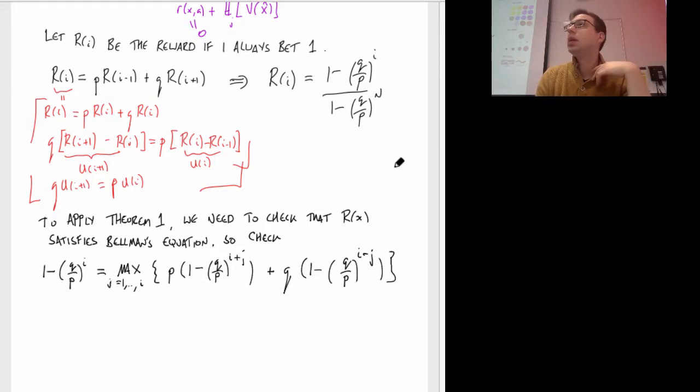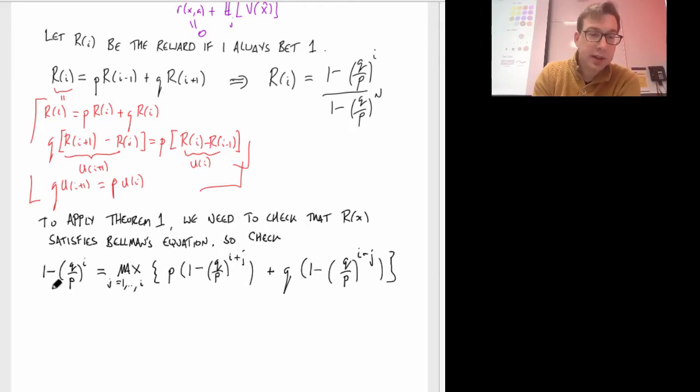So we need to check that the maximum of this expression is equal to the term when I take j equal to 1. If I put in j equal to 1 here, the maximum term is going to give me that.